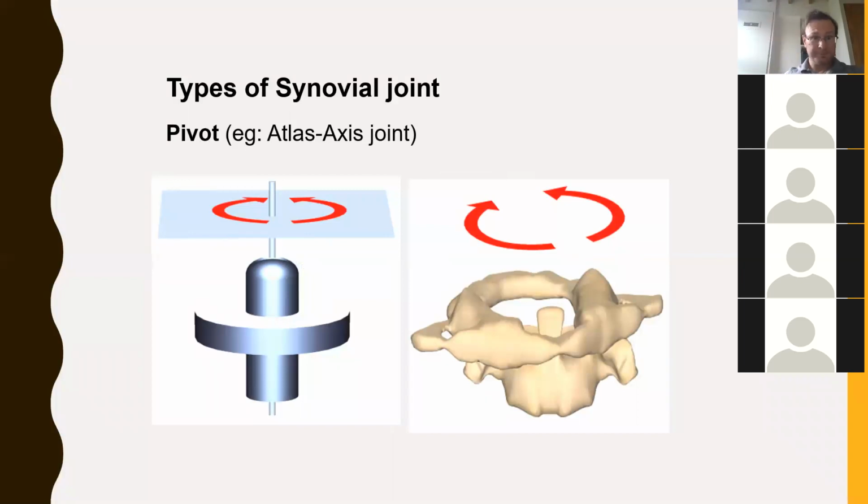So here we've got what's called a pivot joint. This one you have right at the top of your neck. So if you look on here, I'm going to just colour very quickly. There we are. Now, where I'm colouring it in purple, this is called your atlas.